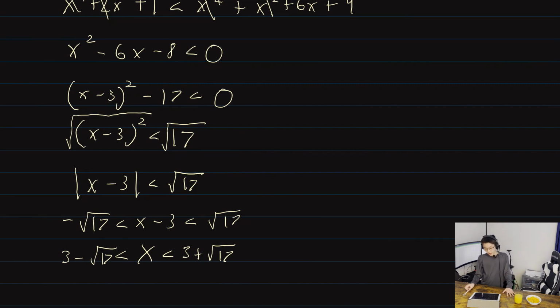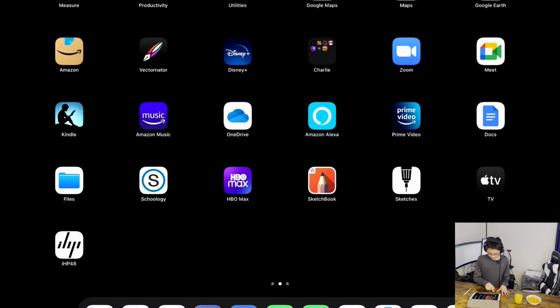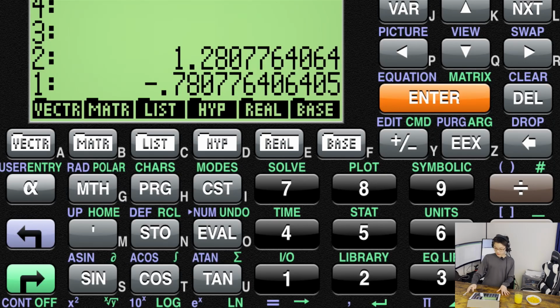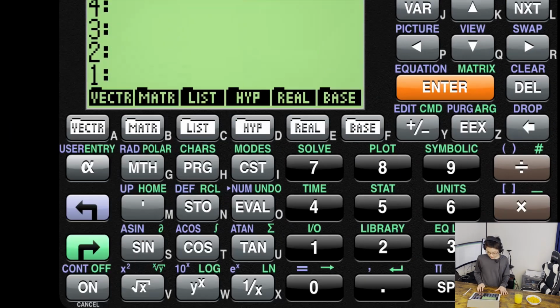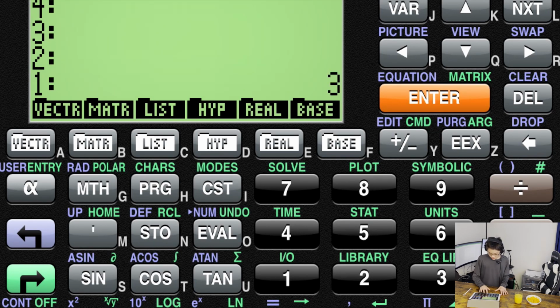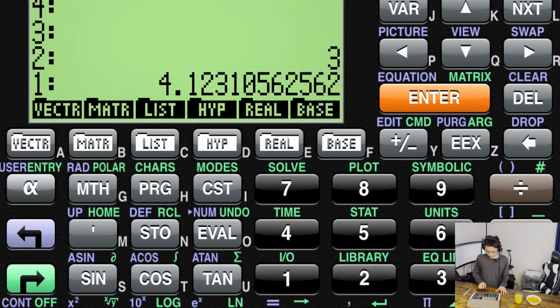Now we're going to pull out our super duper Polish notation cool calculator, and looks like it crashed, but that's fine. Let's just reboot it and hope that it works this time. Okay, there we go. It works. So we have to get 3, square root of 17, subtract. So that's going to be our 3 minus square root of 17.